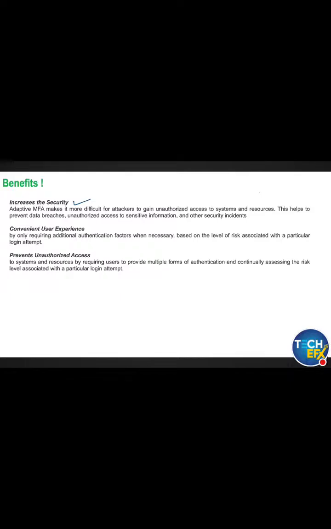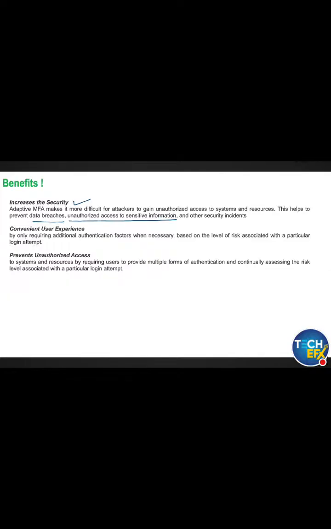Adaptive MFA makes it more difficult for attackers to gain unauthorized access to systems and resources. This helps to prevent data breaches, unauthorized access to sensitive information, and other security incidents that can result from a single point of failure, such as a weak password.